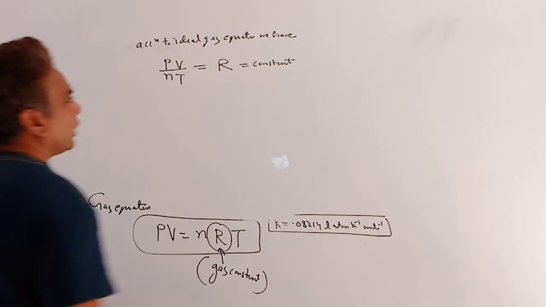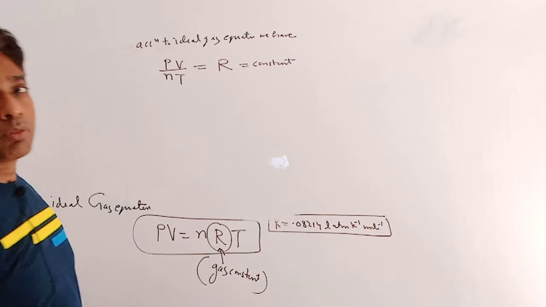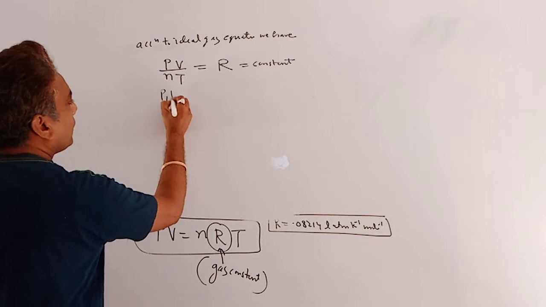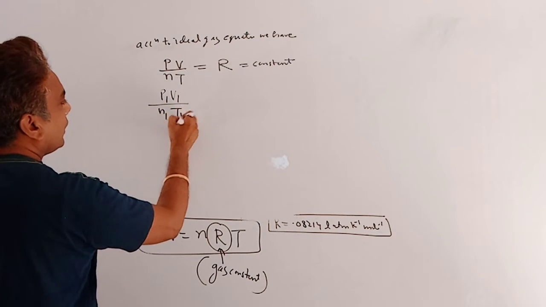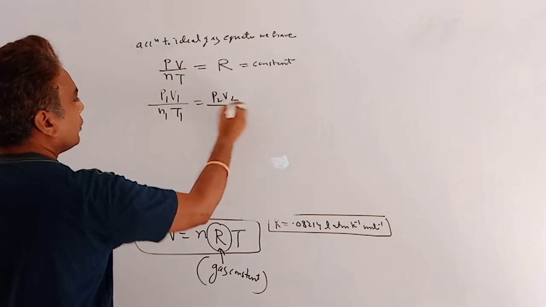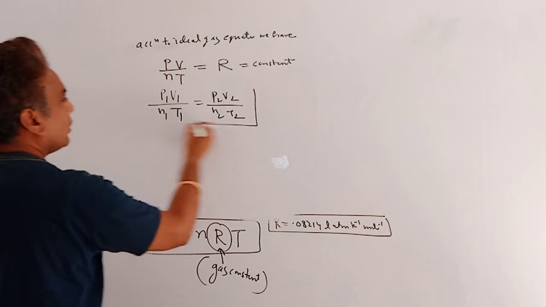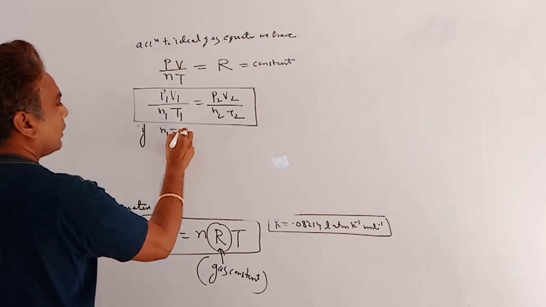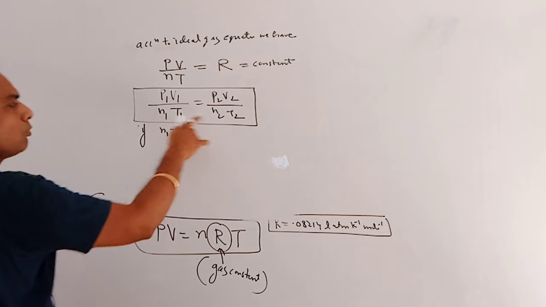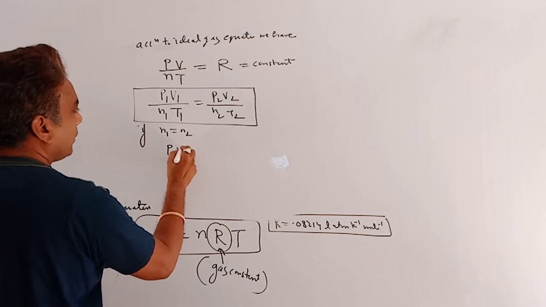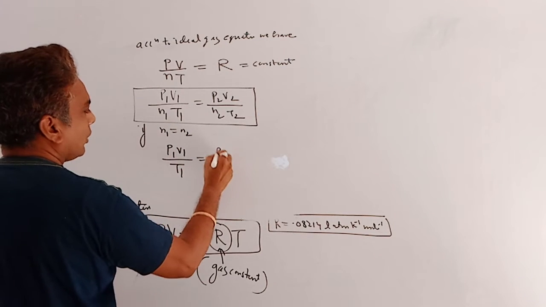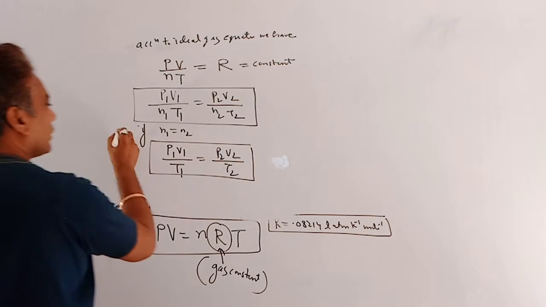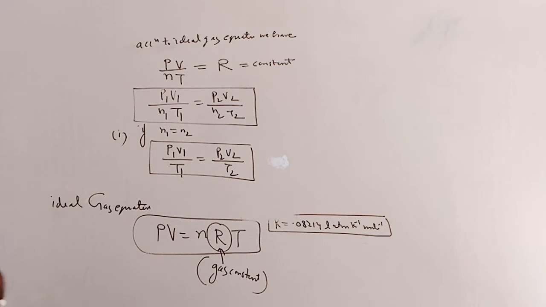Clear? So at two different conditions of pressure, volume, temperature as well as moles, we can write P1 V1 upon N1 T1 is equal to P2 V2 upon N2 T2. If N1 is equal to N2, the number of moles will be the same, then it will be P1 V1 upon T1 is equal to P2 V2 upon T2. Clear? This is the first form of the ideal gas equation.